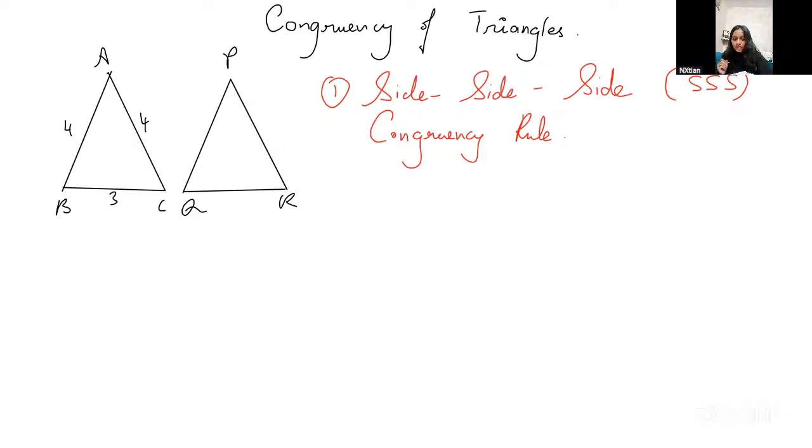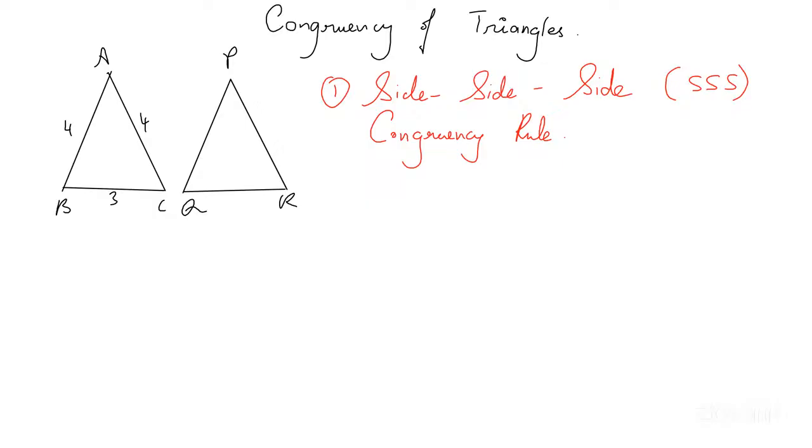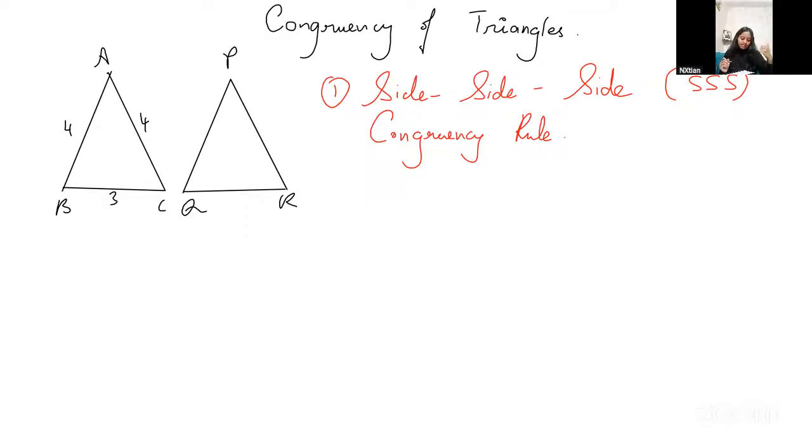In the other triangle PQR, PQ is in the same place as AB, so PQ should also be 4. PR, like AC, should also be 4, and QR, the base like BC, should be 3. This is where your triangles will be congruent according to the side rule.